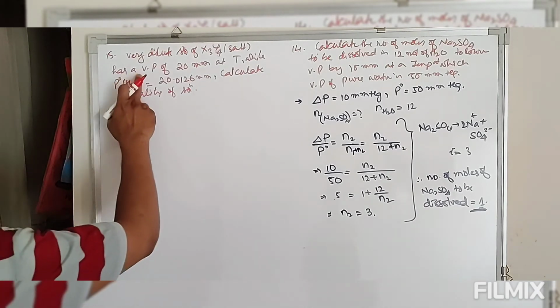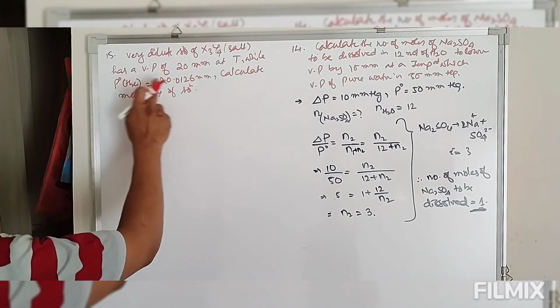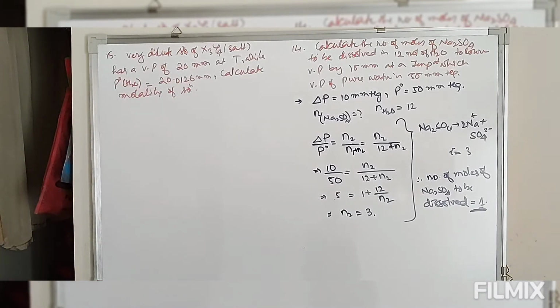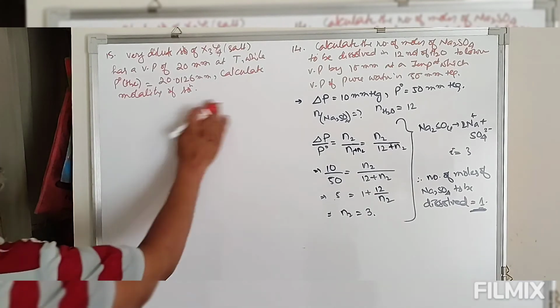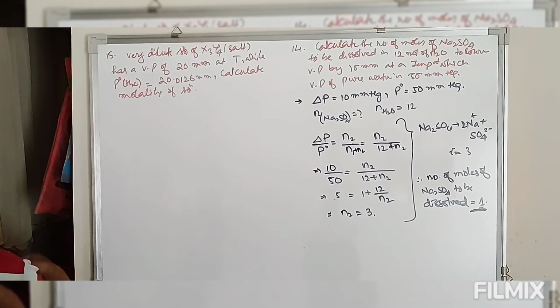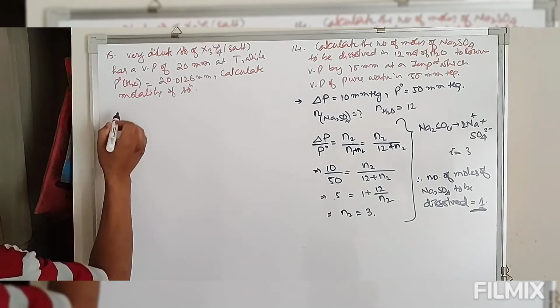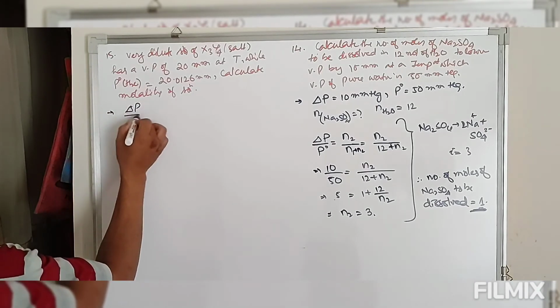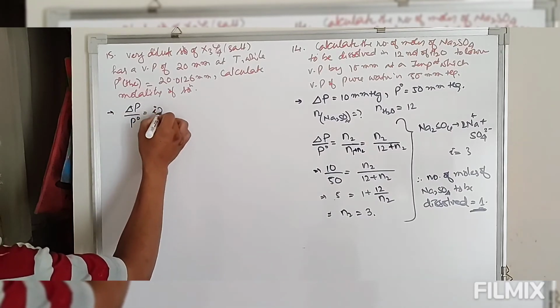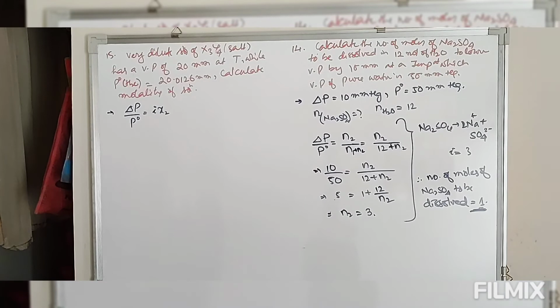Now look at this, the vapor pressure of solution is given, the vapor pressure of pure component is given. So this is equal to the mole fraction. Now look at this. We have this equation, relative lowering of vapor pressure. Delta P by P naught is equal to I times X2.